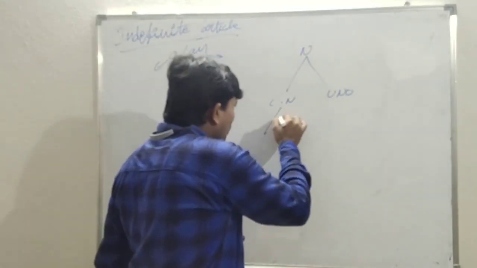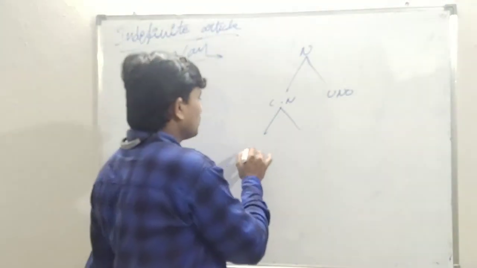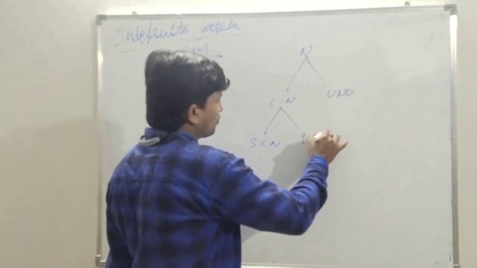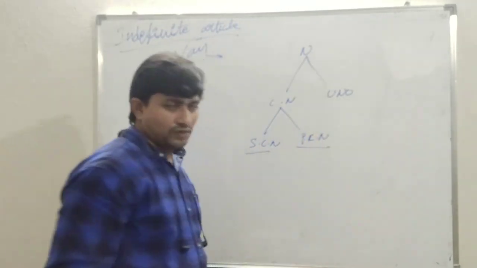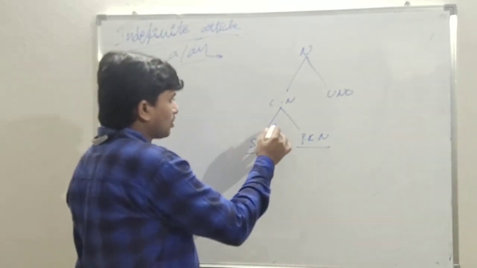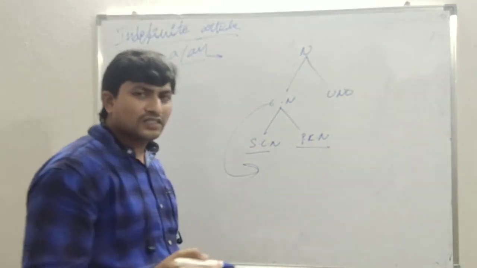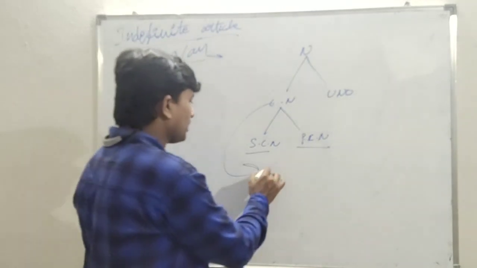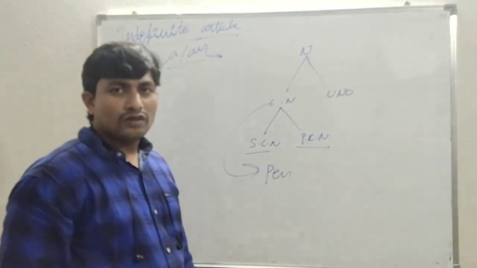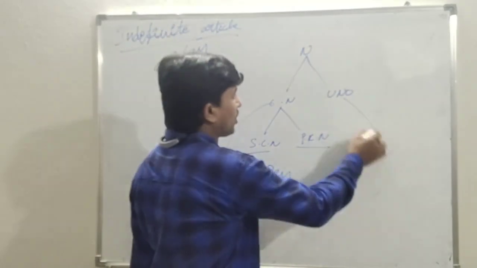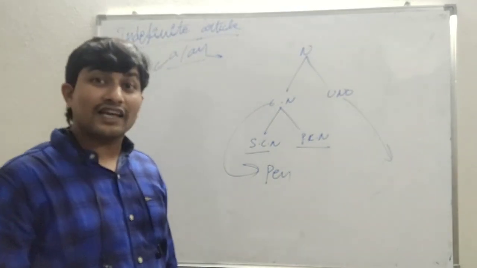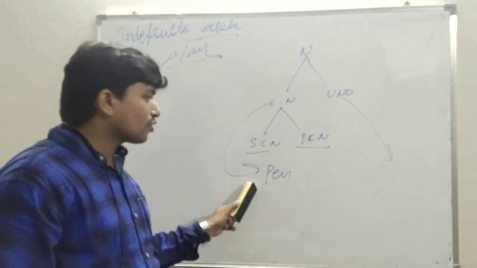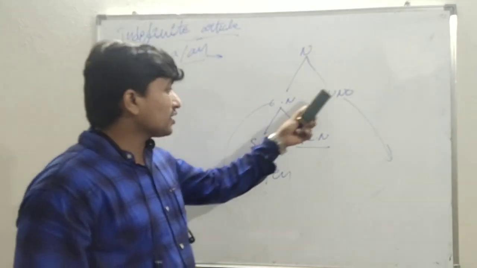Again, countable nouns can be of two kinds: singular countable nouns and plural countable nouns. What we are able to count is called a countable noun. Suppose pen is a countable noun. And what is an uncountable noun? What we are unable to count is called an uncountable noun.